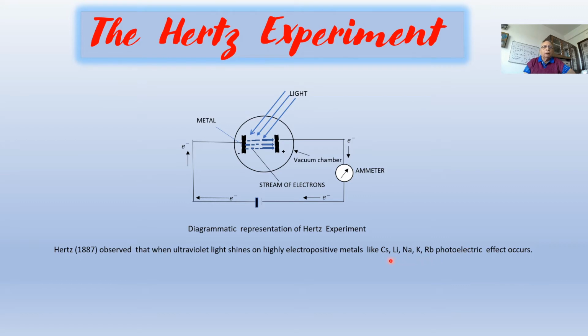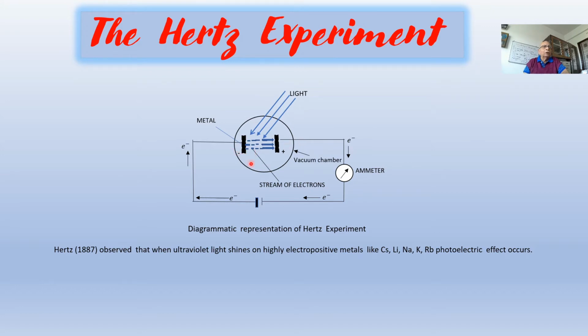Now, there is a very simple experiment performed by the great scientist Hertz in 1887. He just performed a simple experiment. Accordingly, a beam of light, maybe ultraviolet light also, when it strikes a metal, electrons are released.